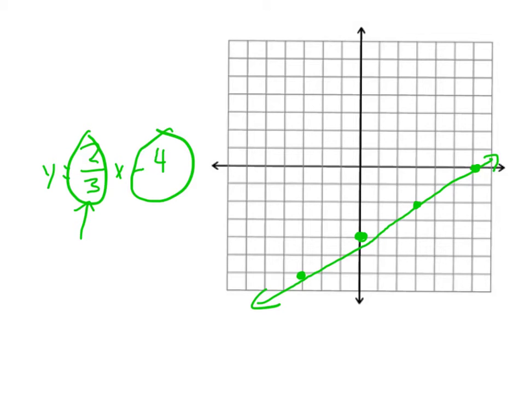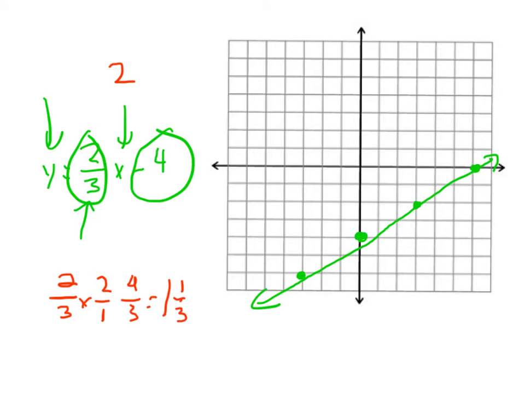This tells us our slope. So if you wanted to, you could put some numbers in now for the x and the y. Let's say I decided to put a 2 in for x. So I would have 2/3 times 2 over 1. So I'd have 4/3. And that equals 1 1/3.